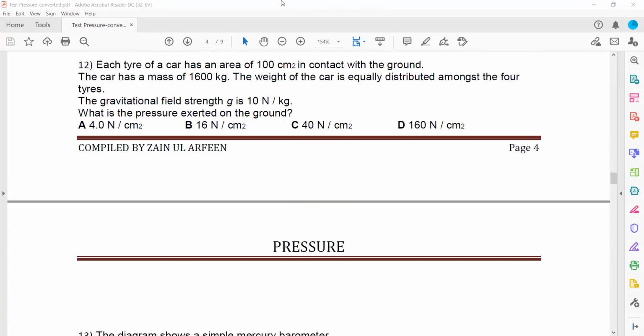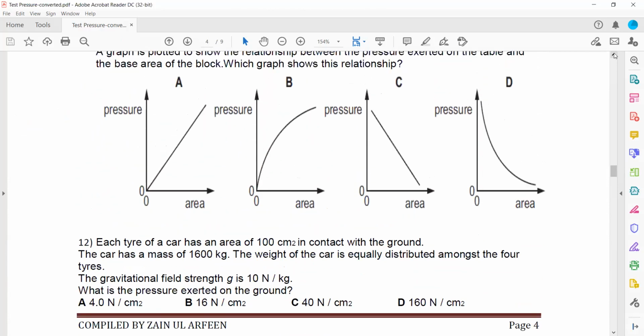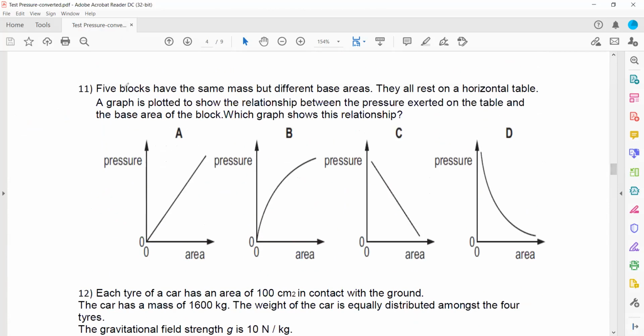In the question, they're asking, we are increasing the area. As you can see, 5 blocks are there. They have the same mass, but they have different base areas. They are all on the horizontal table. A graph is plotted between pressure and area.